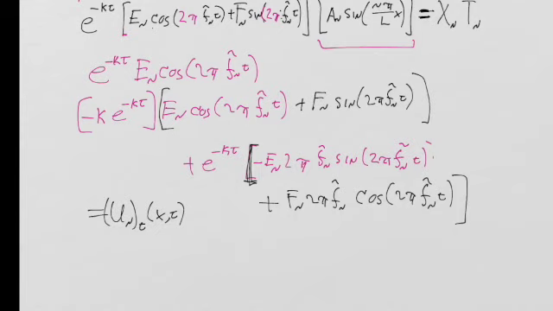Now we know that the string starts from rest, so the time derivative has to equal 0 when t equals 0. When t equals 0, this term is 0, and this term is 0.